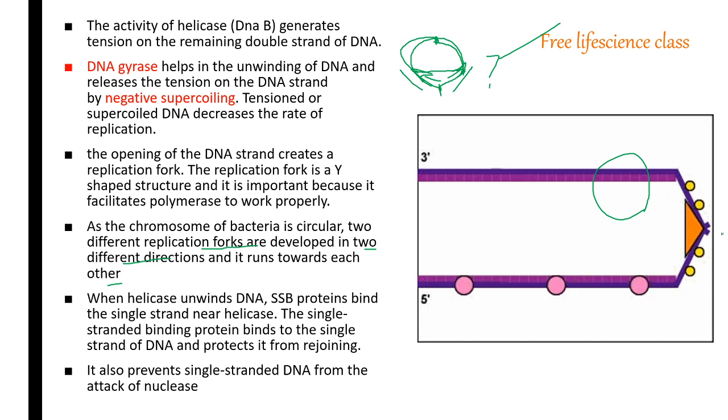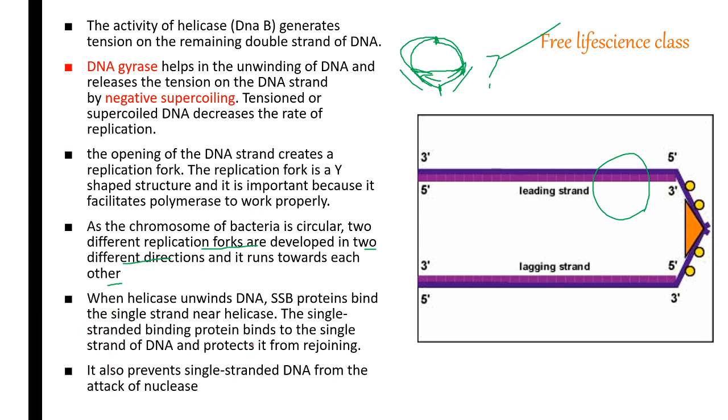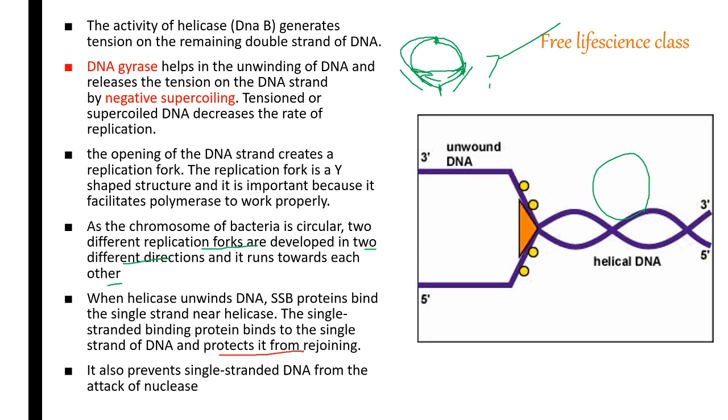So there are two different properties of SSB proteins. One is that it keeps the DNA separated, protecting it from rejoining, so it will not allow base pairing with the opposite strand. And also it prevents nuclease attack.